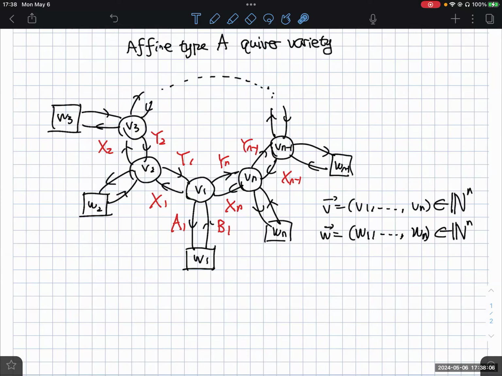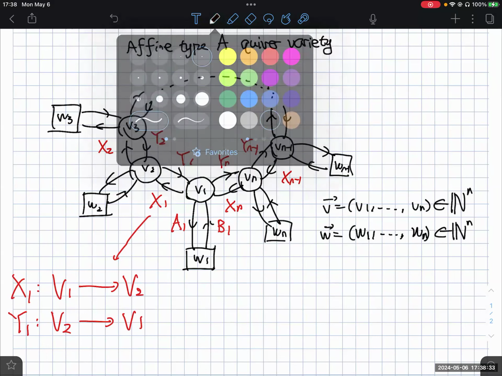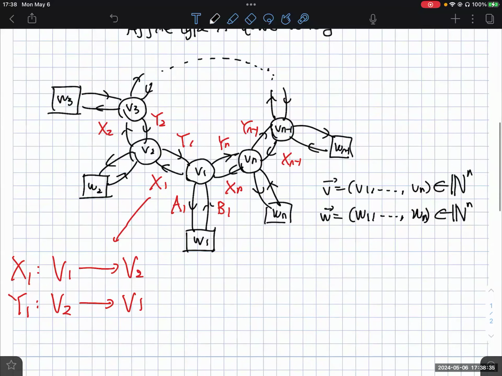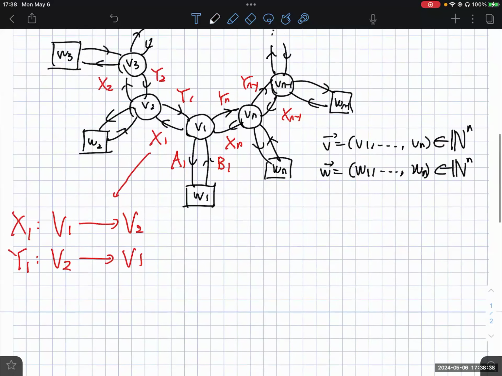This x1 is a morphism from V1 to V2, a morphism from vector space V1 to vector space V2. And y1 stands for a morphism from V2 to V1. You can follow this procedure. The a1, b1 stand for morphisms between V1 and W1. Usually we gather all of these morphisms into a vector space, which is called the quiver representation space.